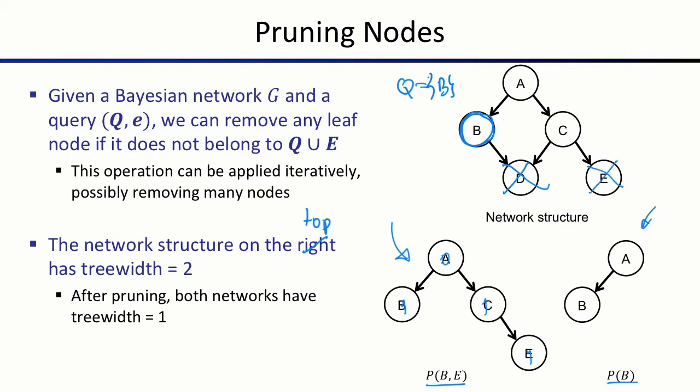But C becomes a leaf node, and we can always prune C. But we cannot prune A because A has one outgoing edge that goes to B. We cannot prune B because B belongs to the query set. So these are all the nodes that we can prune. So the resulting network is going to be just this: A pointing to B, just 2 nodes, and also a polytree that has tree width equal to 1, because this one here has 1 parent and this one has 0 parents.